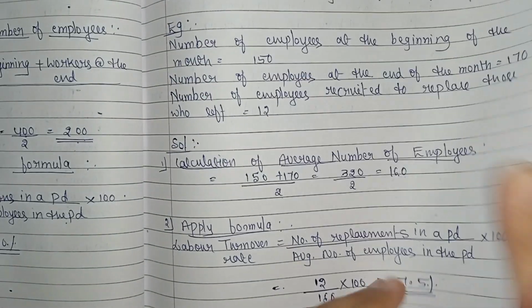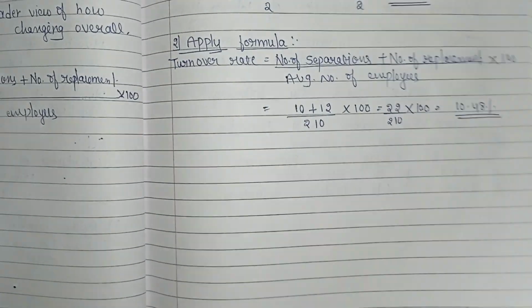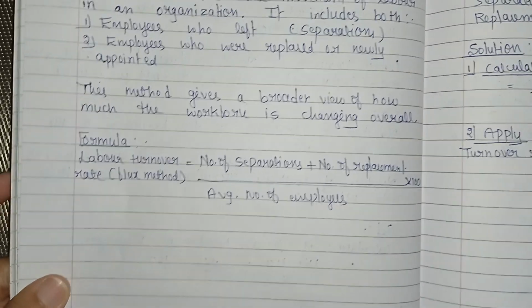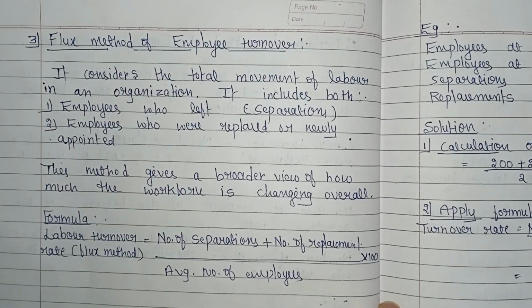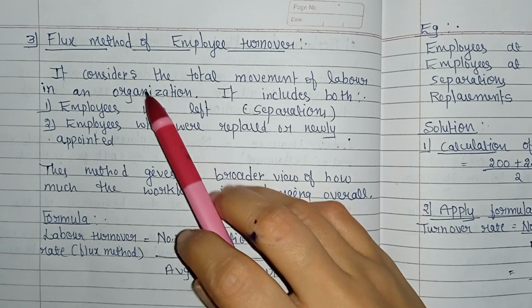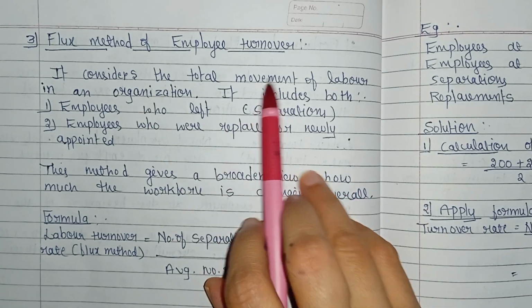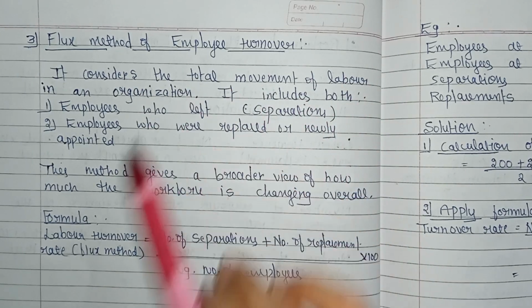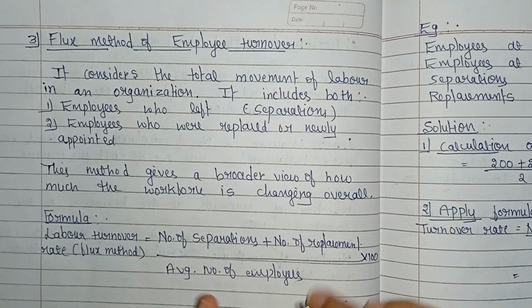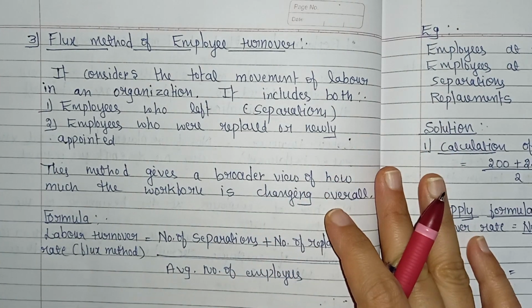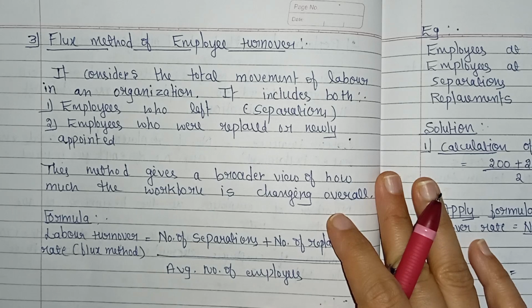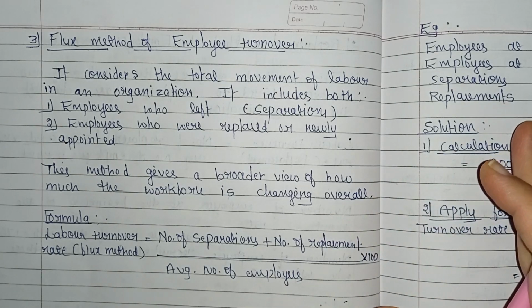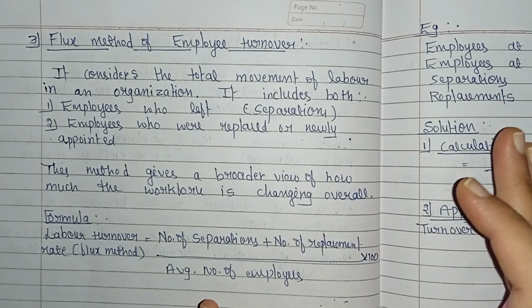Clear? So now let's see the last measurement of employee turnover, that is Flux method of employee turnover. It means what? See, it considers the total movement of labor in an organization. Clear? Means it includes both measures.